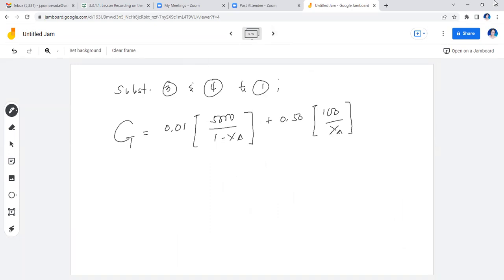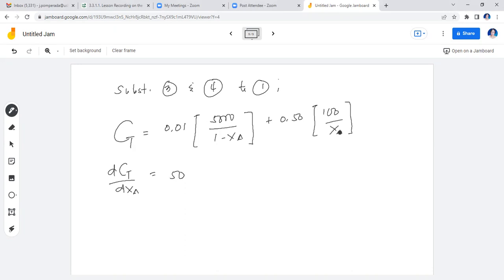Now this equation can be processed using differentiation. Using maxima and minima, at optimum condition, we maximize conversion. So as such, in this case, you need to differentiate the total cost with respect to conversion. Okay, so if you do that, you will have 0.01 times 5,000, that would be 50.